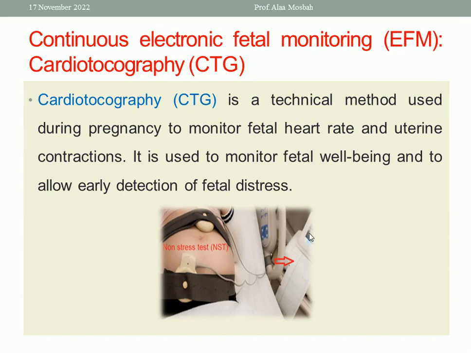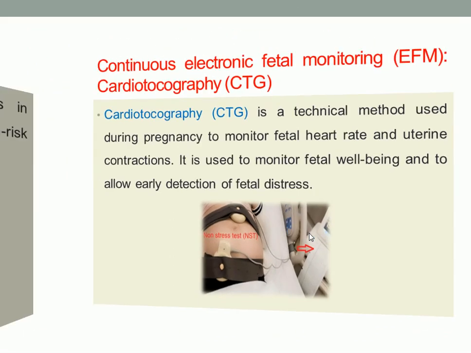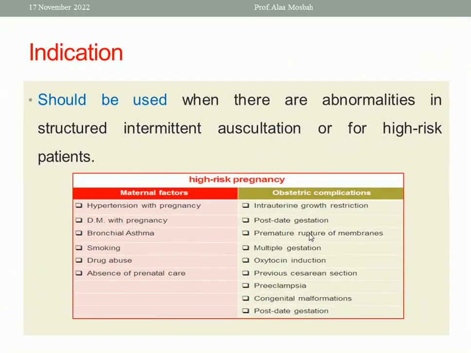It is used to monitor fetal well-being and to allow early detection of fetal distress. What is the indication? It should be used when there are abnormalities in the structured intermittent auscultation or for high-risk patients during labor. Okay?